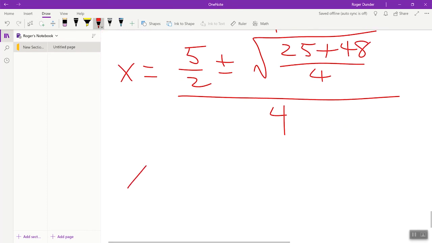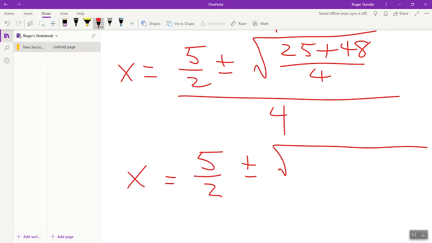So this becomes x is equal to 5 over 2 plus or minus the square root of, what's 25 plus 48? It's 73.